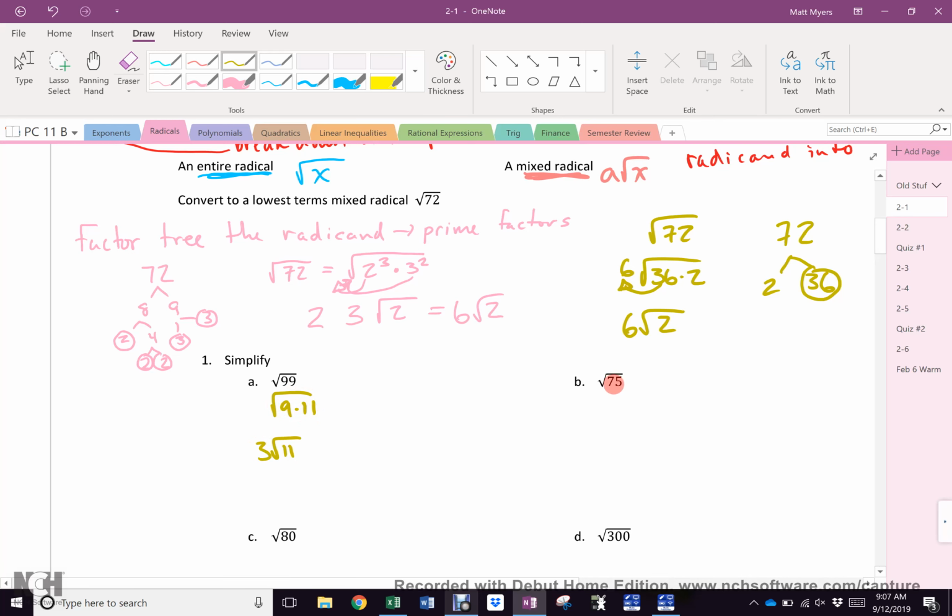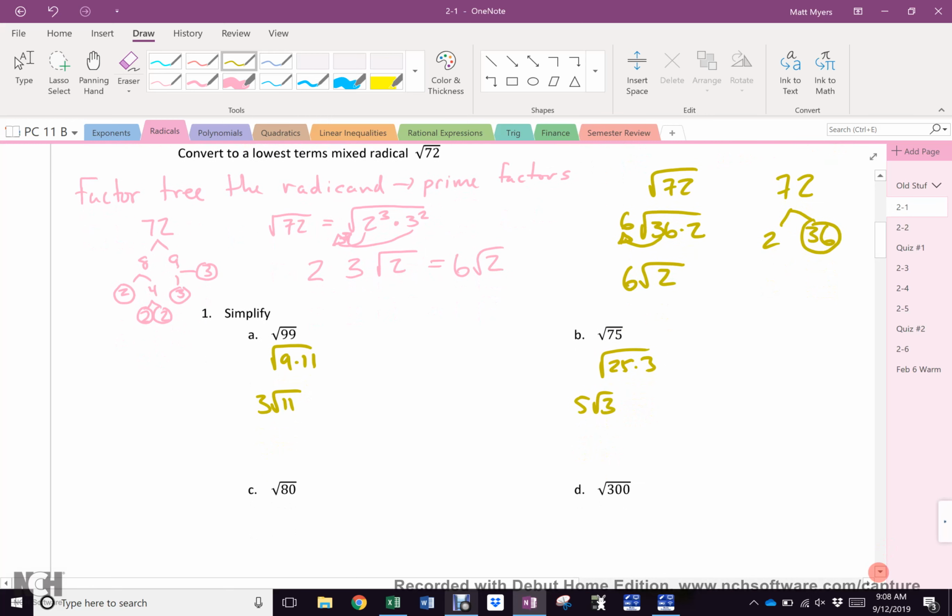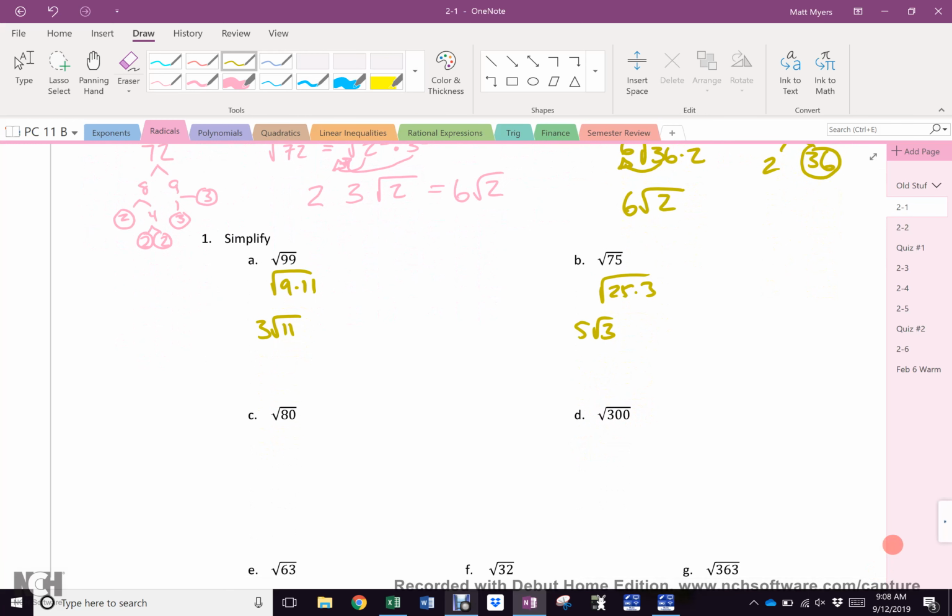What's a perfect square that's involved in 75? 25 times 3. What's coming out? 5 root 3. Now, 80 is difficult because the perfect square that's involved with 80 is beyond the 12 times table.